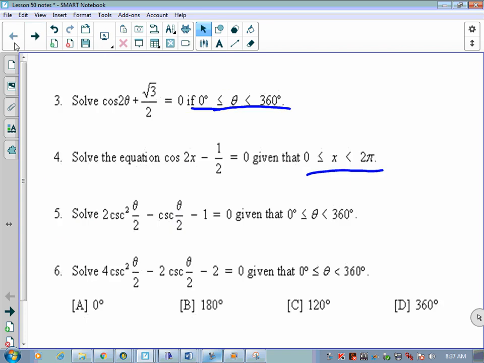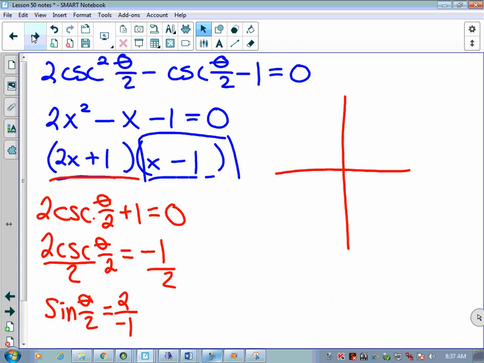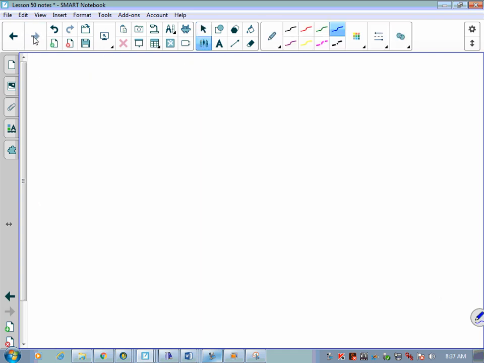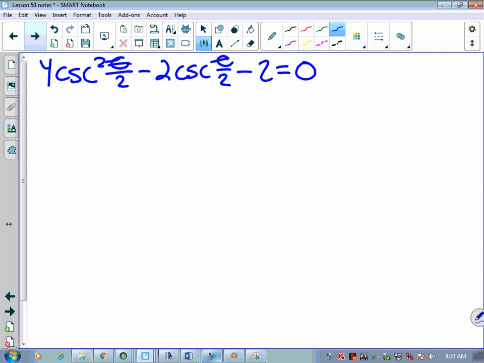All right, and then let's see, number 6. Number 6 is the same in a lot of ways, and hopefully I'll do a better job on number 6. We can go back and look at number 5 again. So I'm going to leave that there, and we're going to do this one. We've got 4 cosecant squared theta over 2 minus 2 cosecant theta over 2 minus 2 equals 0, which we're going to rewrite as 4x squared minus 2x minus 2 equals 0.